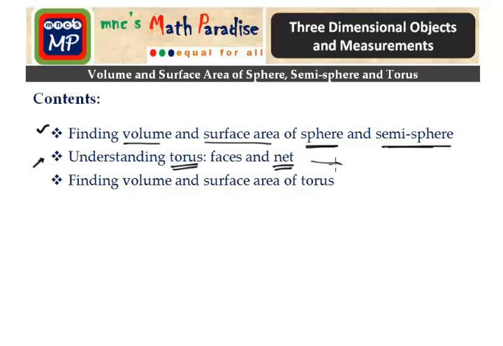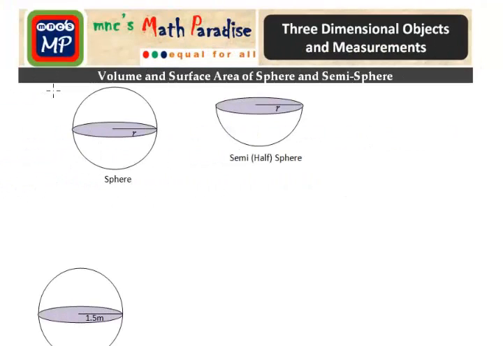From there we will find a formula to find the volume and surface area of a given torus. Using that formula, we will practice a number of examples to find the volume and total surface area of a given torus. Here we will learn how to find the volume and surface area of a sphere and a semi-sphere.